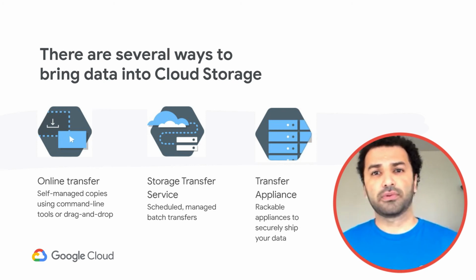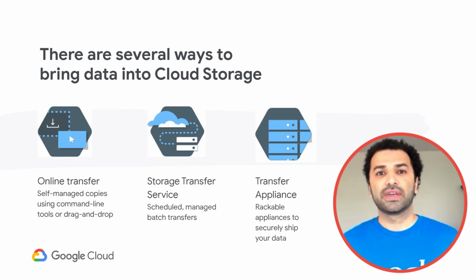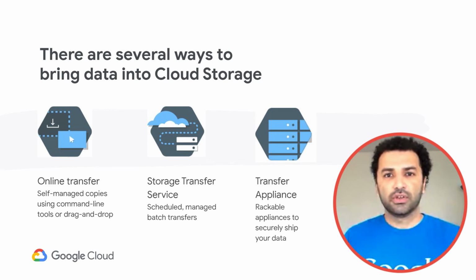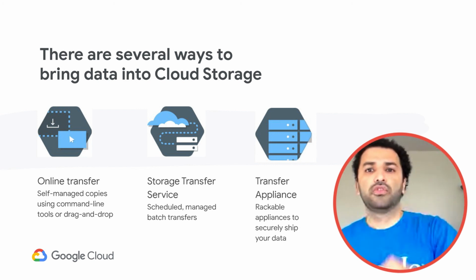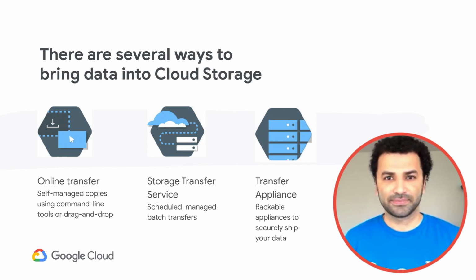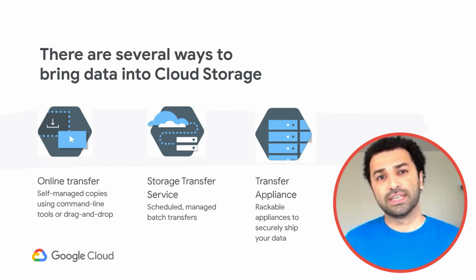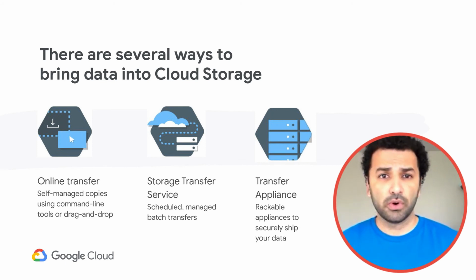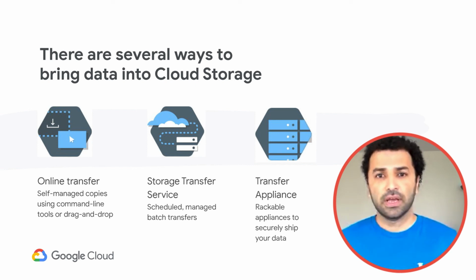Now, this is practical probably for some small chunks of data, but if you're coming from another cloud provider, you can set up an HTTPS endpoint and make this transfer happen from, let's say, Amazon or another cloud provider towards Google Cloud immediately. If the amount of data that you want to upload to Google Cloud is huge, we're talking here about something like 20 terabytes or more, then you might be interested in ordering the rack service.